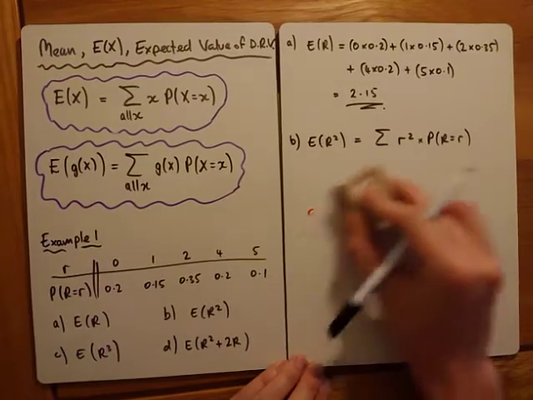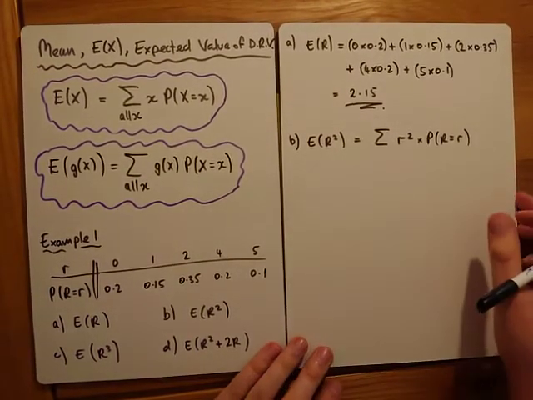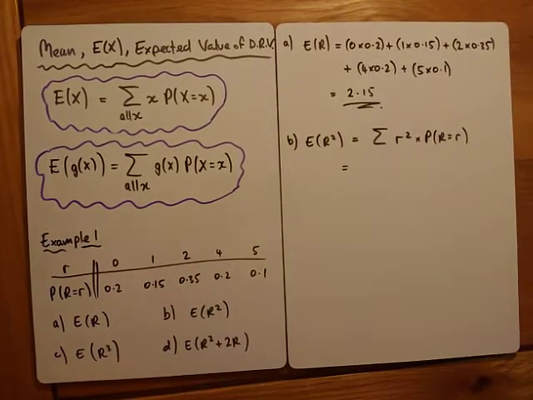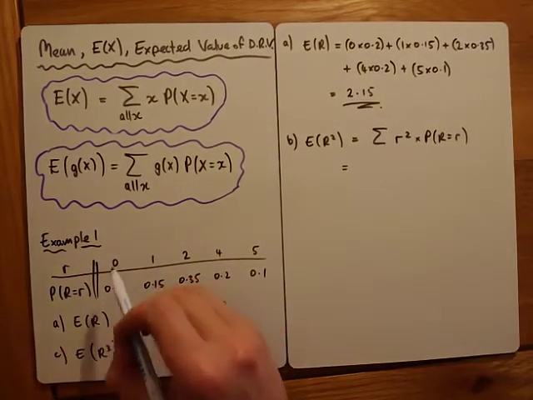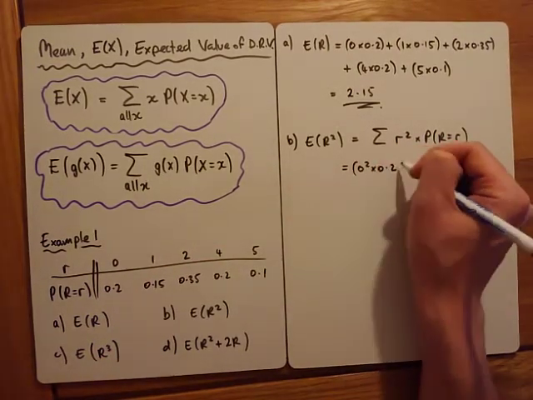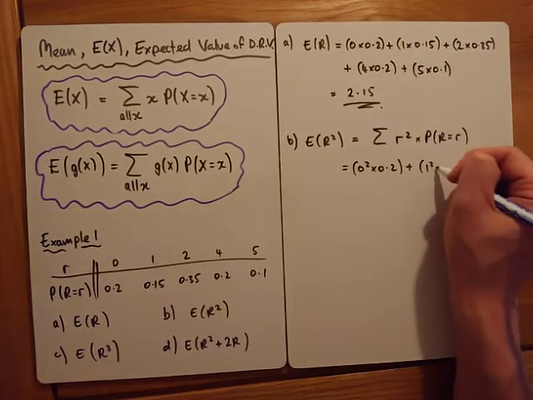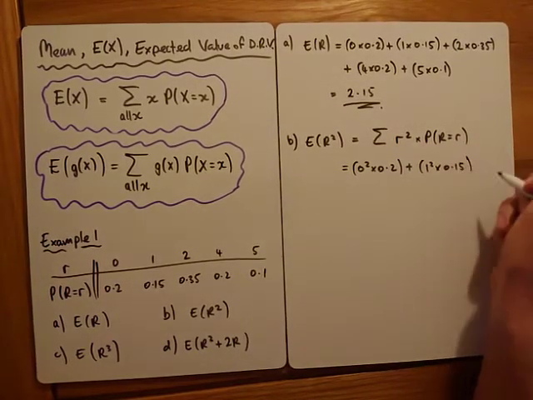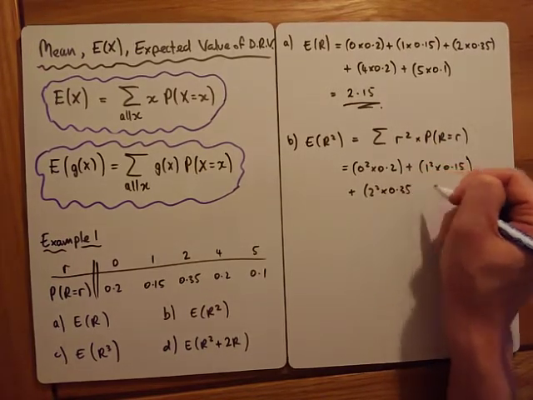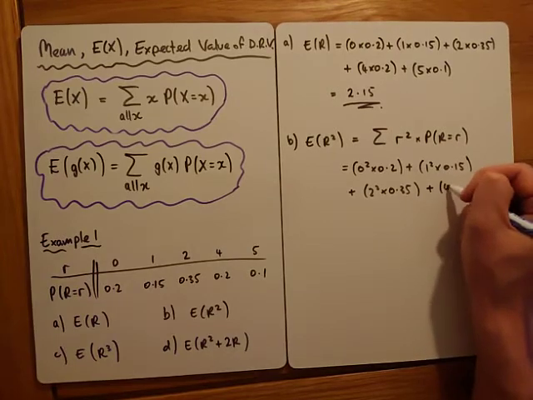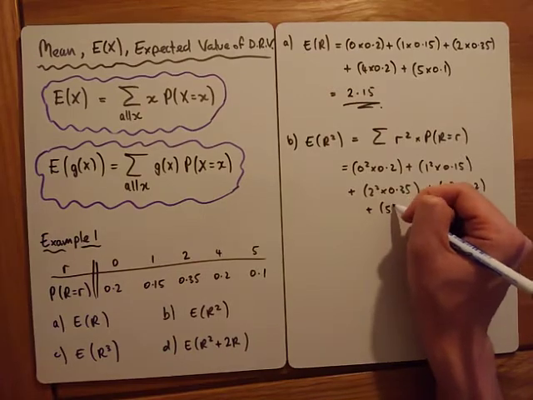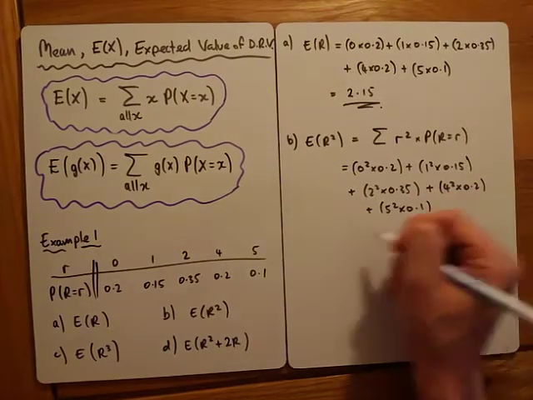Hopefully that helps. And essentially all we need to know is how to actually do the calculation. So, expected value of r squared. If you don't draw a new table out, and when you get used to it, you won't need to for every question, it would just be 0 squared times by 0.2 plus 1 squared times by 0.15 plus 2 squared times by 0.35 plus 4 squared times by 0.2 plus 5 squared times by 0.1.